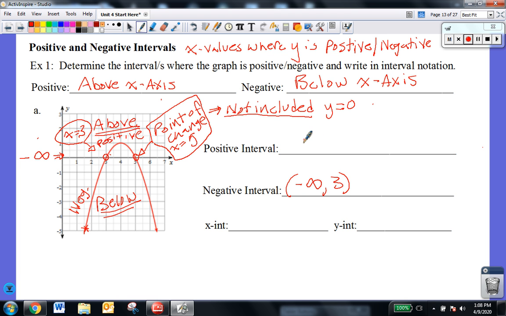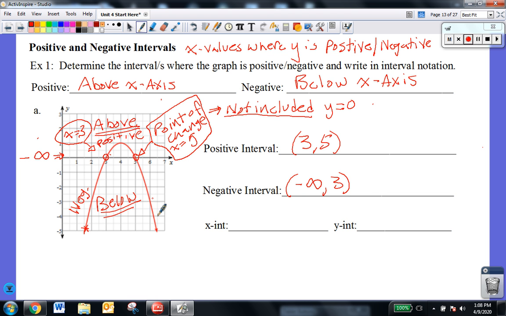So it's going to be positive from 3 to 5. Both of these are points of change, so they are going to get round brackets. They are not included. Then it marches down and goes back into the negative territory again.